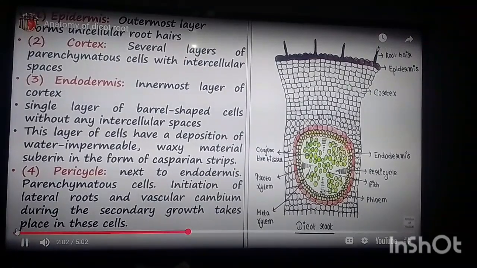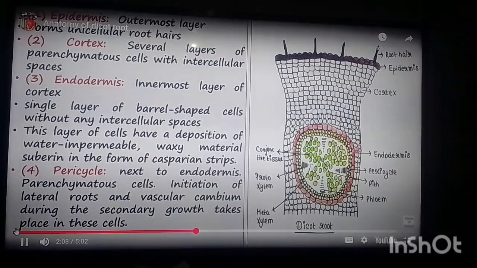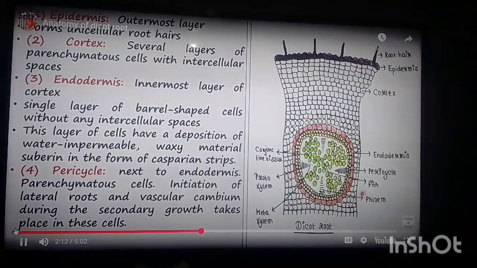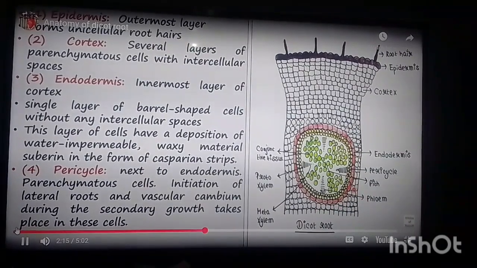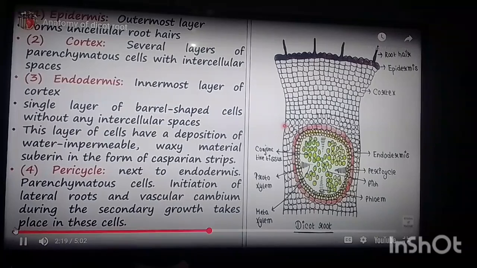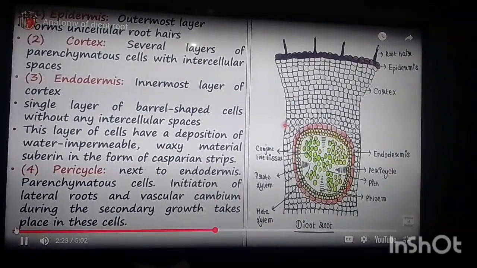These endodermal cells have a special deposition of a water impermeable waxy material called suberin in the form of Casparian strips. So endodermal cells have a special type of material, suberin, which is a wax-like material.